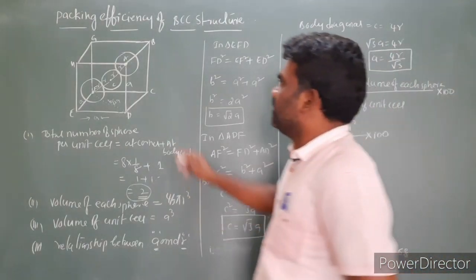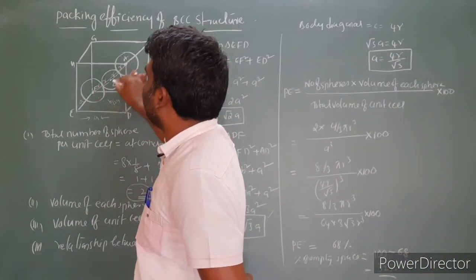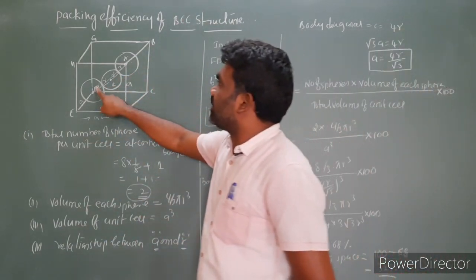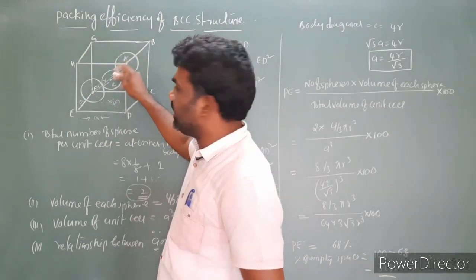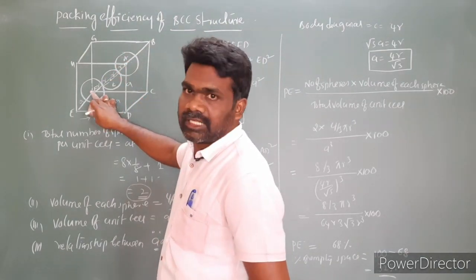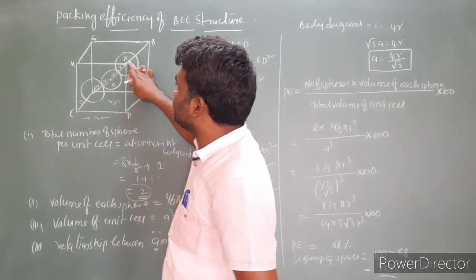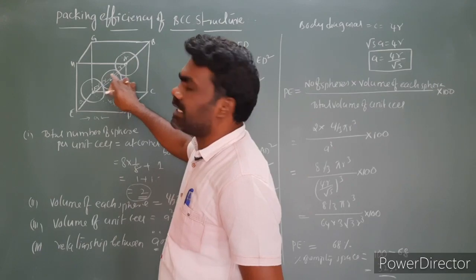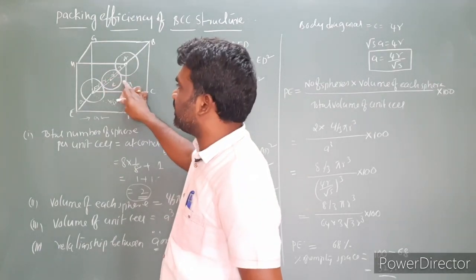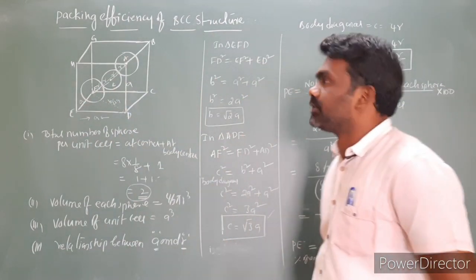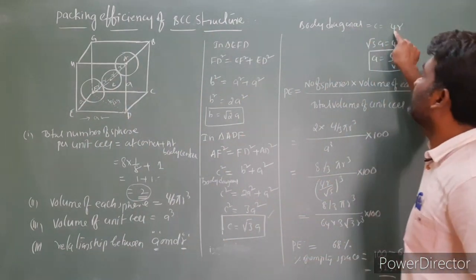Here the body diagonal C is r plus 2r plus r. One r is the radius of the sphere at the F corner, one r is the radius of the sphere at the A corner, and r plus r is the diameter of the sphere in the body center. Total we have 4r. So the body diagonal is equal to 4r.